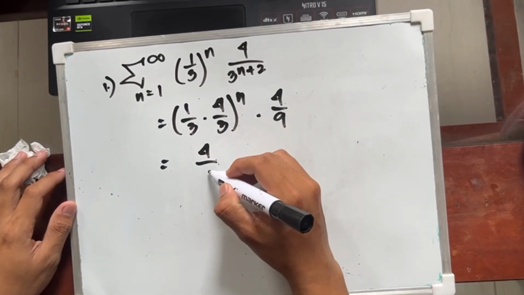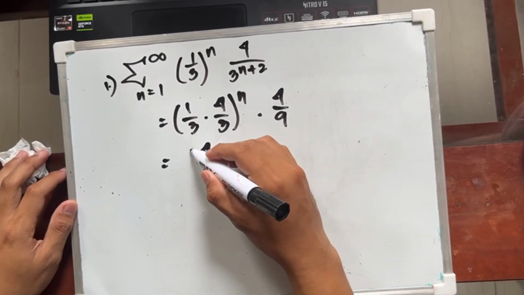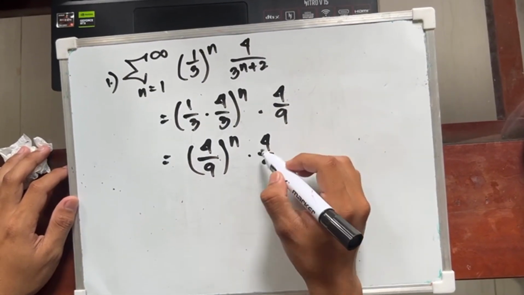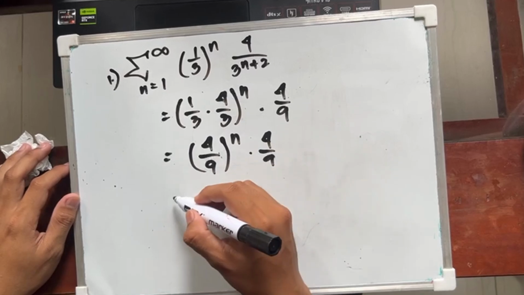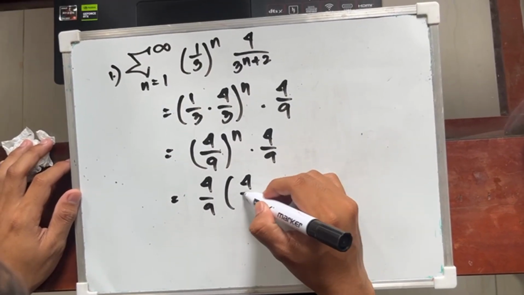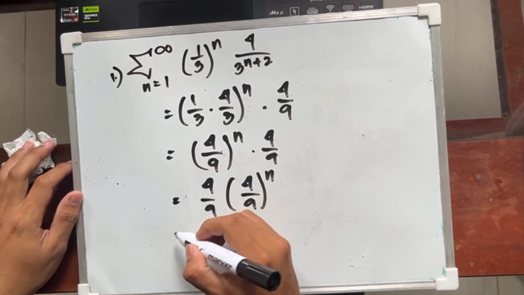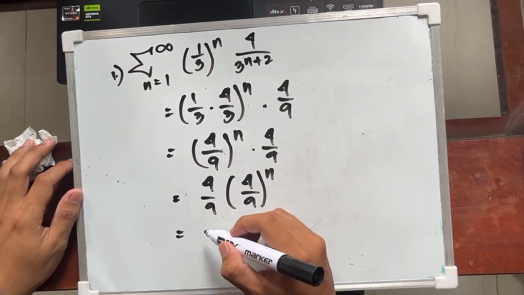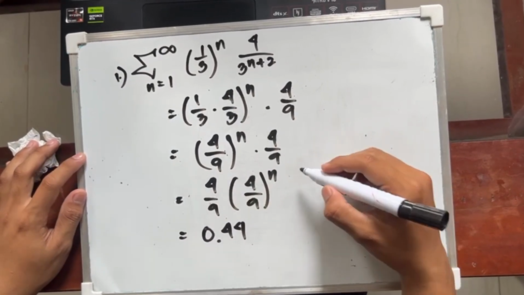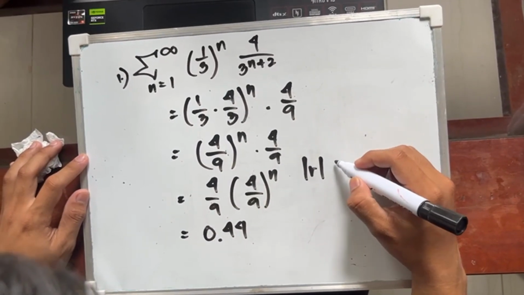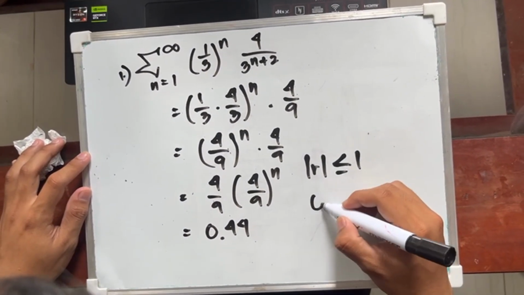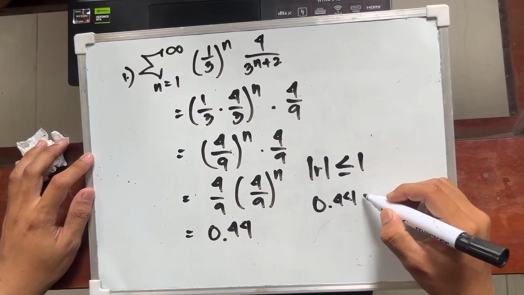Solve this. Equivalent of 4 over 9 raised to n times 4 over 9. Let's move the 4 over 9 and 4 over 9 raised to n. Solving 4 over 9 in the calculator, it is equivalent to 0.44. So r less than 1 is converging.